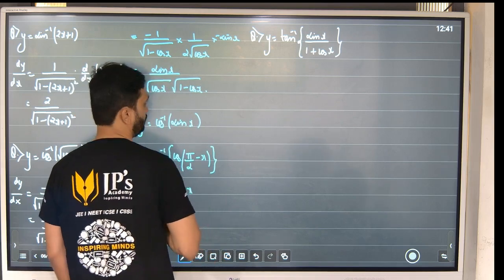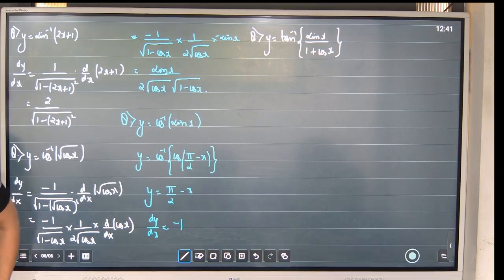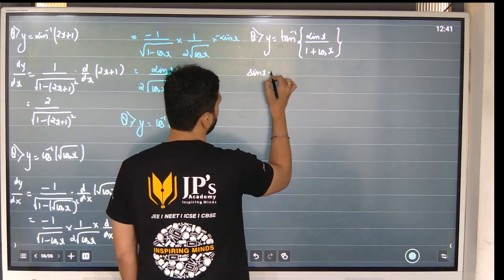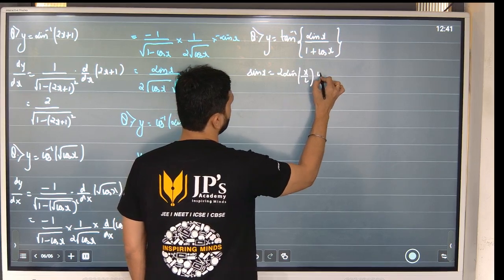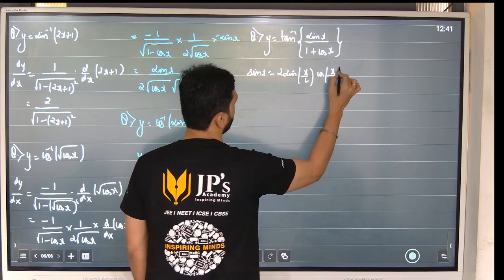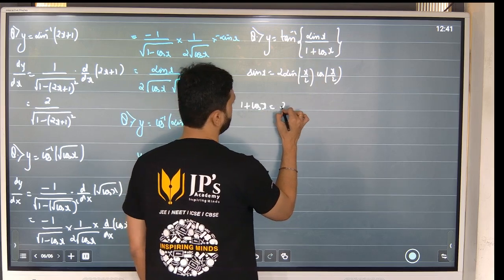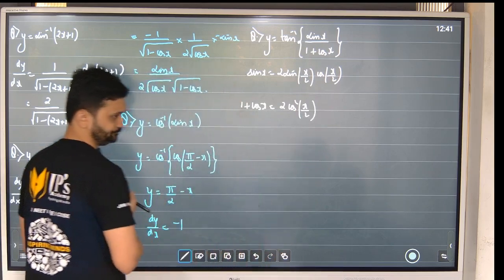According to the half angle formula, by mistake don't use the tan inverse x formula. If you use the tan inverse x formula, it will become too lengthy, and after that you will have to do u upon v also. Piece of advice: use half angle, where sin x will become 2 sin x by 2 cos x by 2, and 1 plus cos x is 2 cos square x by 2.